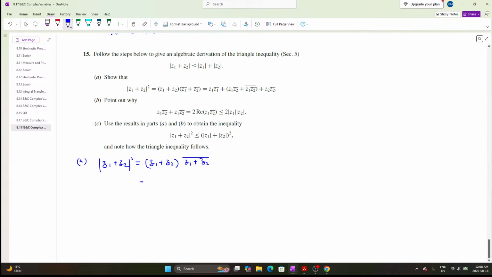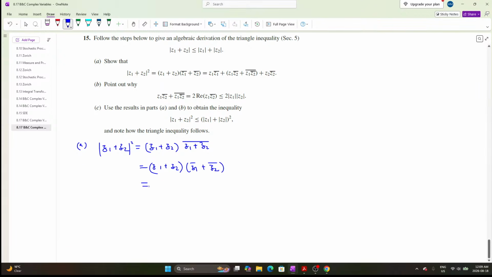Of course, this is just z1 plus z2 times z1 bar plus z2 bar. Okay, so by expansion, you get z1 times z1 bar plus z1 z2 bar plus z2 z1 bar, and then plus z2 z2 bar.